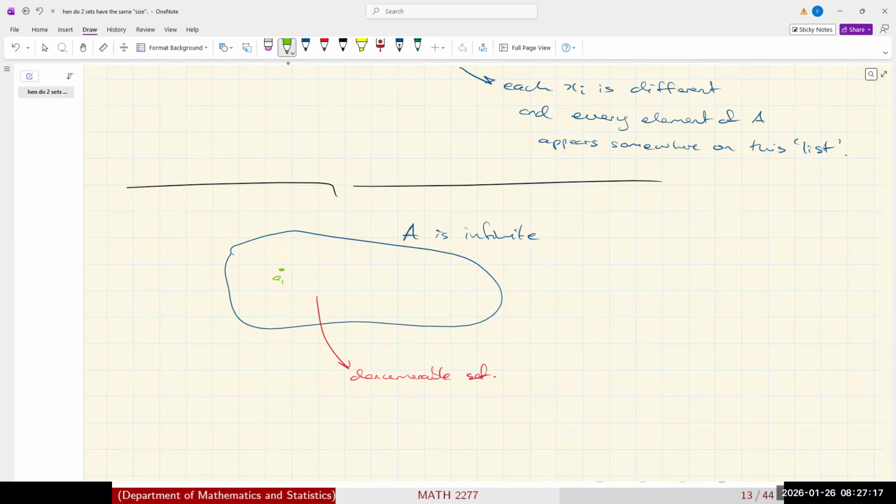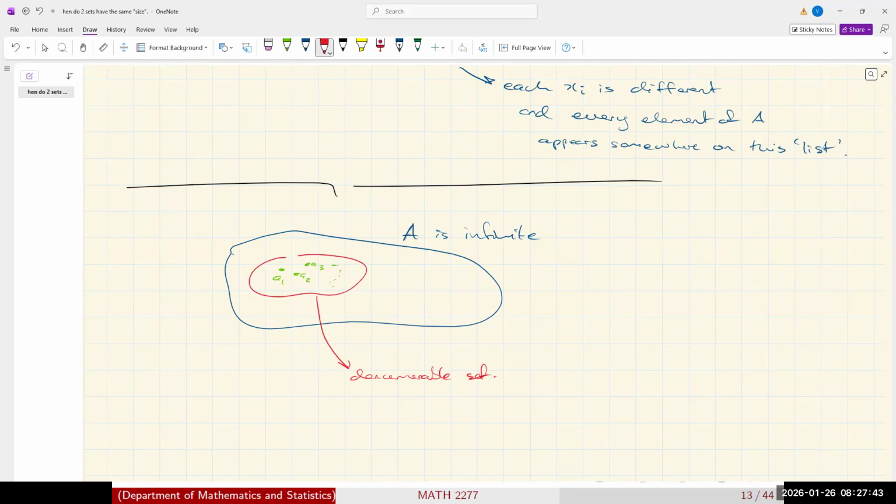So choose another one that is different. Call it a2. Now we repeat that. We remove a1 and a2 from the set A. How many points are remaining? Still infinite. So there exists another point, a3, different from a1 and a2. And we're going to continue in this way.